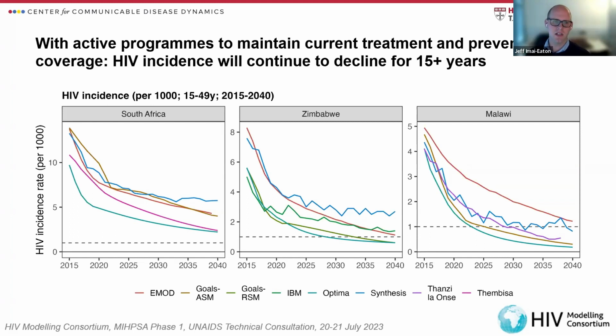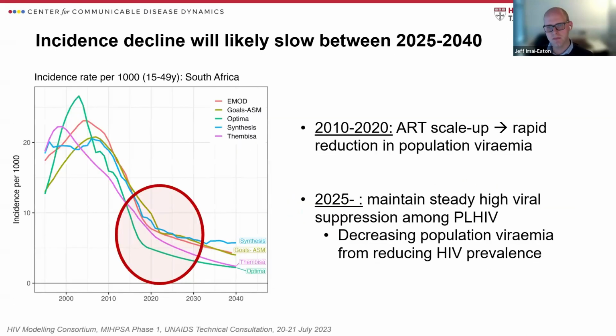We can see in all three countries, the models projected that HIV incidence would continue to decline over the period from 2025 to 2040, but the rate of decline was somewhat slower than what we experienced over the past decade or so. Next slide, please.